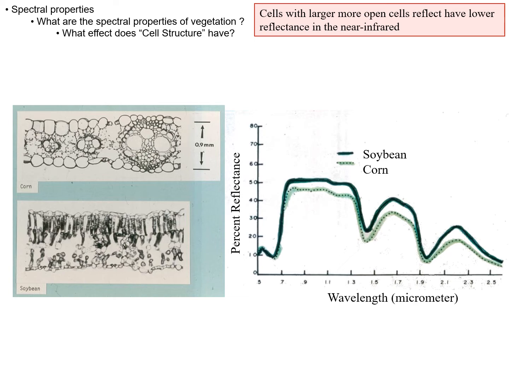So here we have corn, which has sort of an open, spongy mesophyll, the cells inside the leaf, and soybean has less spongy, sort of narrow mesophyll. And so more light is going to be absorbed by the corn, and therefore less light is going to be reflected, as shown on the diagram at right. So soybean, with those narrow cells, less spongy, is going to reflect more and absorb less.